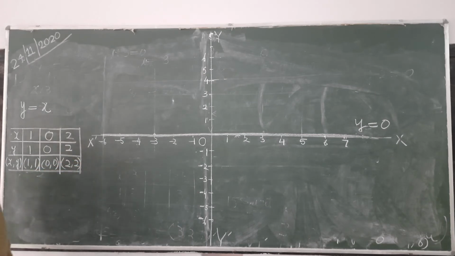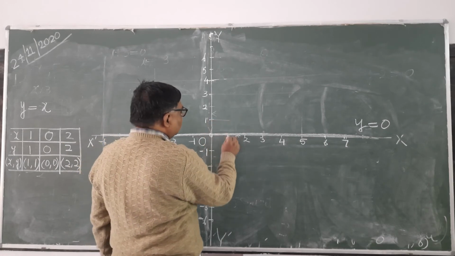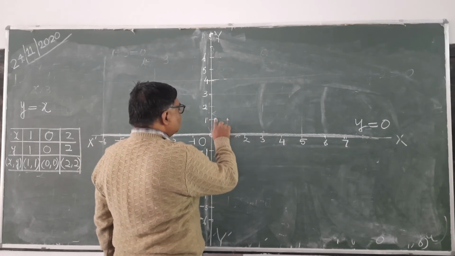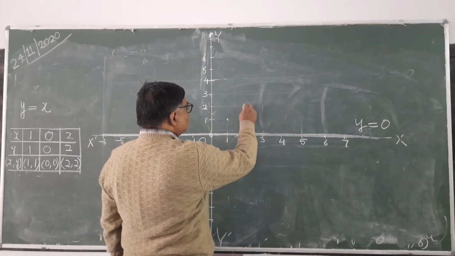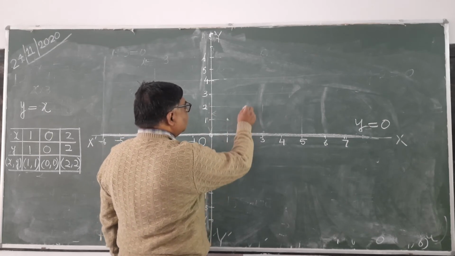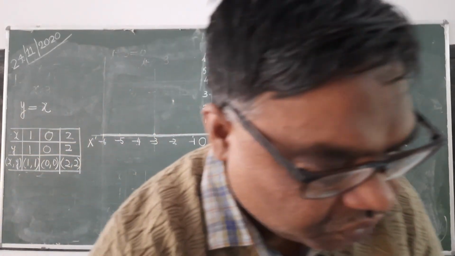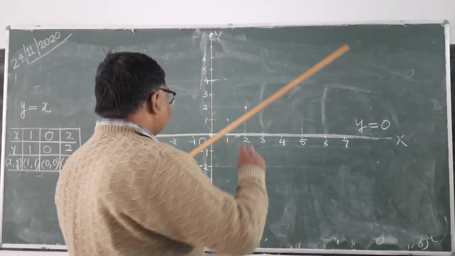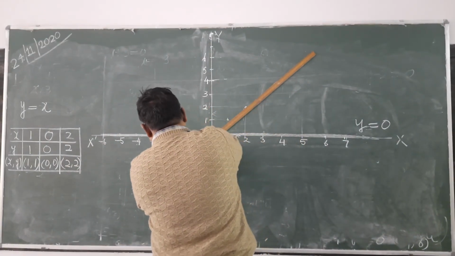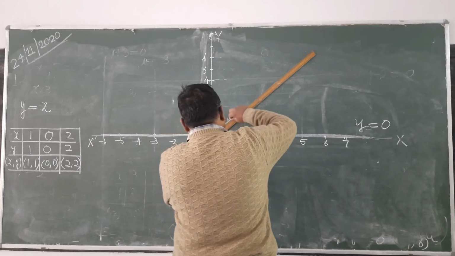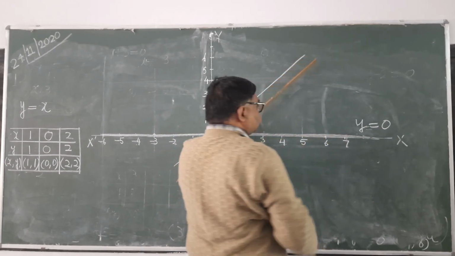So you plot the points. One point is this 0 comma 0, then the other point is this 1 comma 1, and then the third point is this. These are the 3 points. So when you draw it, it will be a line passing through the origin. So this is the second line.